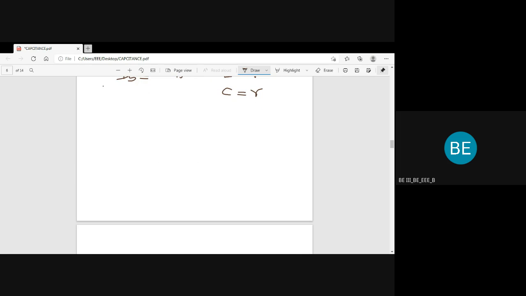So I'm considering the first problem. Two parallel conductors having distance d of 3 meters, and the radius of each conductor is 1 centimeter. So the distance between two conductors is 3 meters, and the radius of each conductor is 1 centimeter.